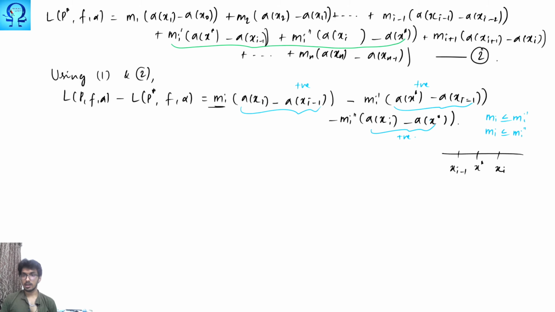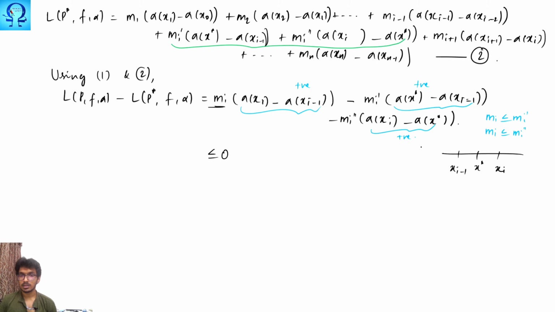Okay, and all these are positive quantities. Hence, what we may do is that we shall replace this with this. Ultimately what we are going to get is that it is smaller than or equal to 0. That is what I am trying to say. This is some positive quantity, this is some positive quantity, and this is some positive quantity.